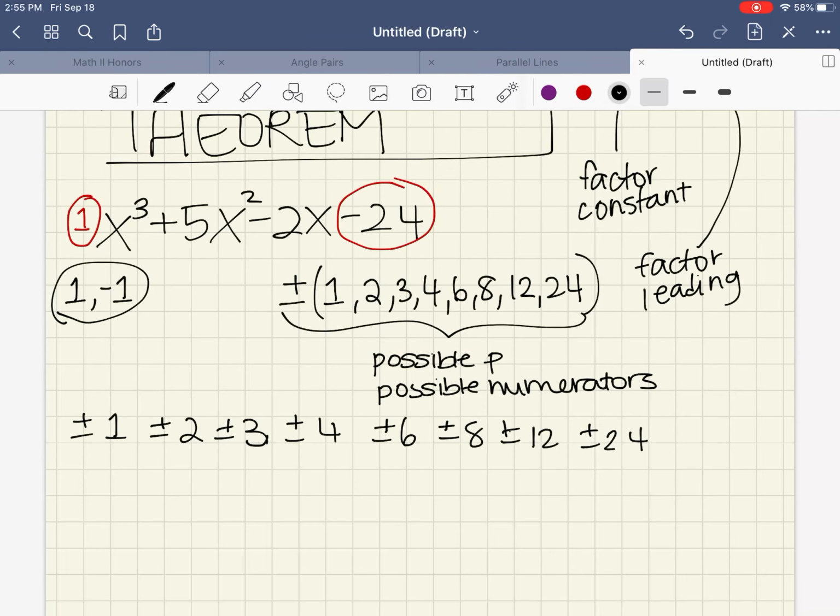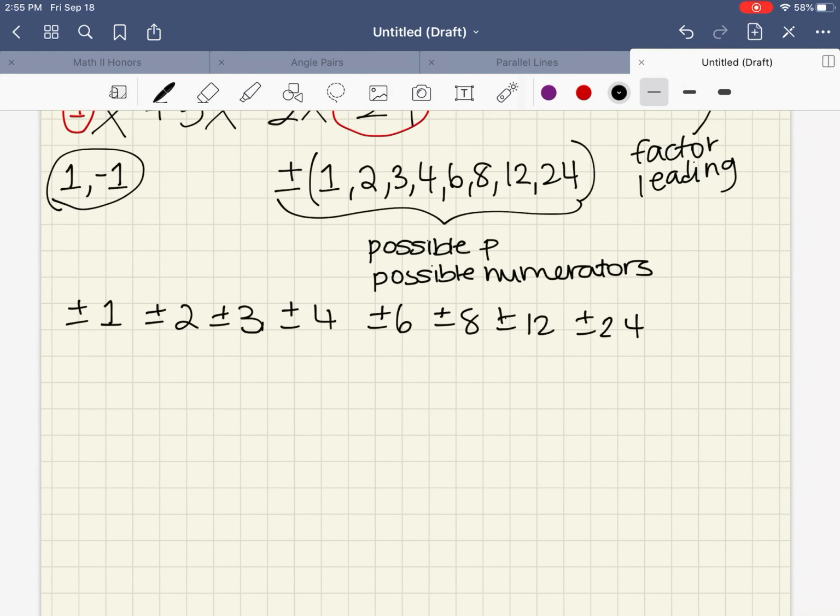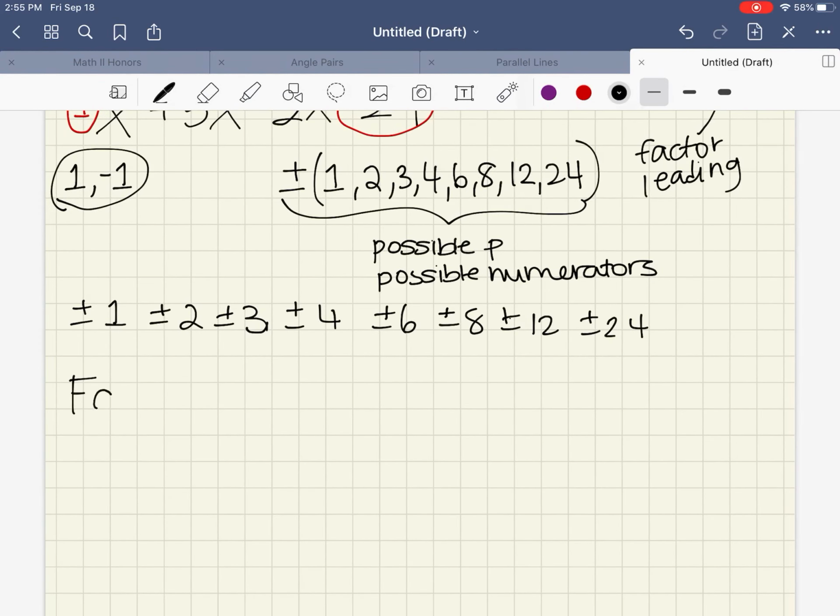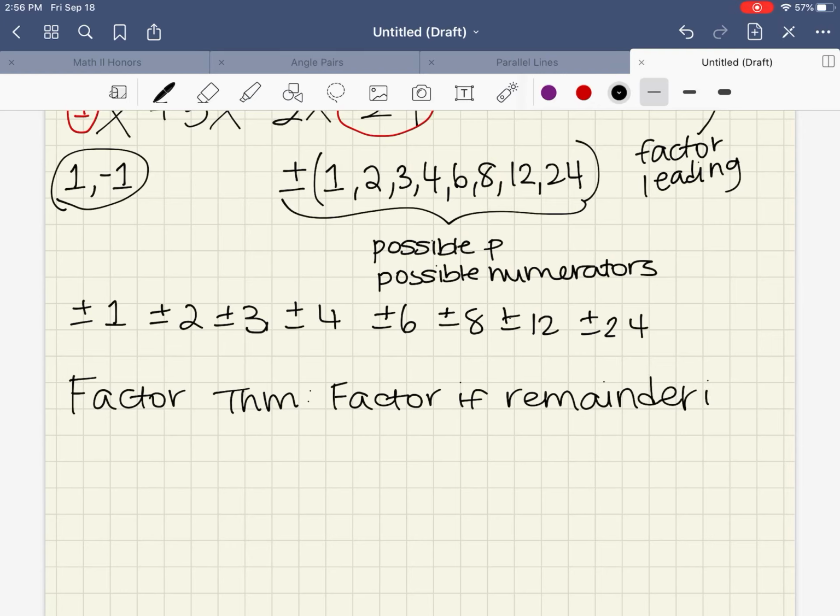The way to check it is using the factor theorem. Remember, the factor theorem states that it's a factor if the remainder is 0. We won't try all of them, and in your homework problems you won't have nearly as many to choose from. But you would use synthetic division and put each of them on the outside.